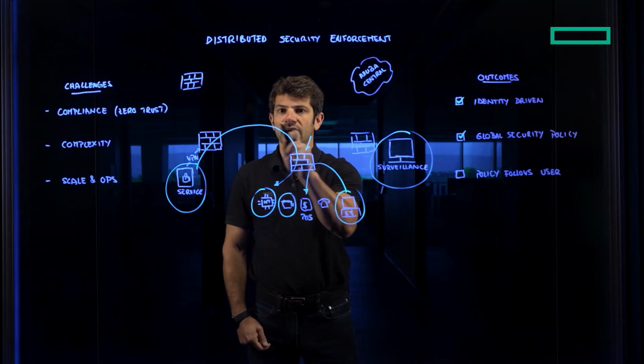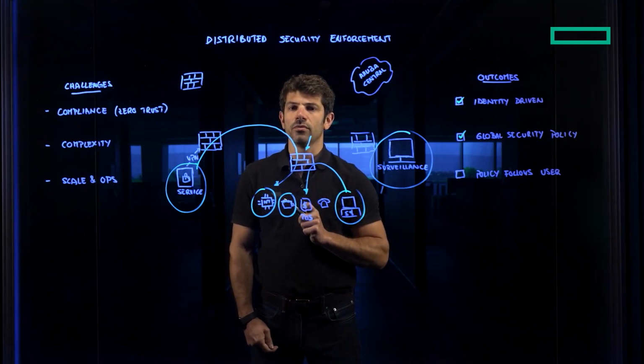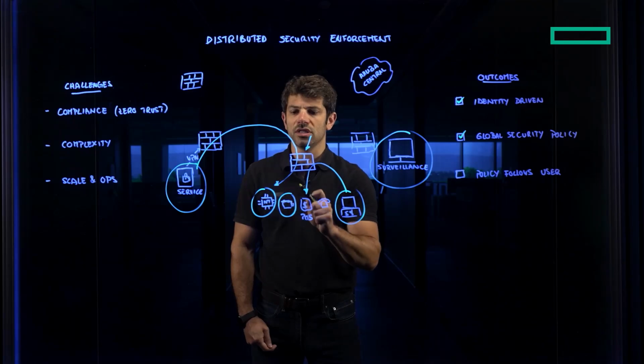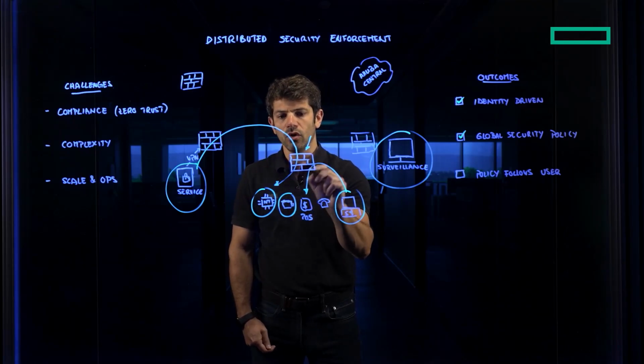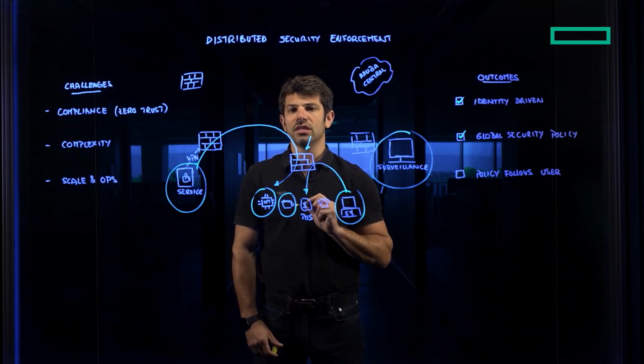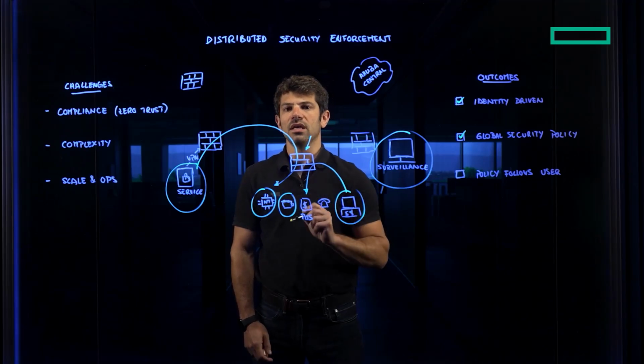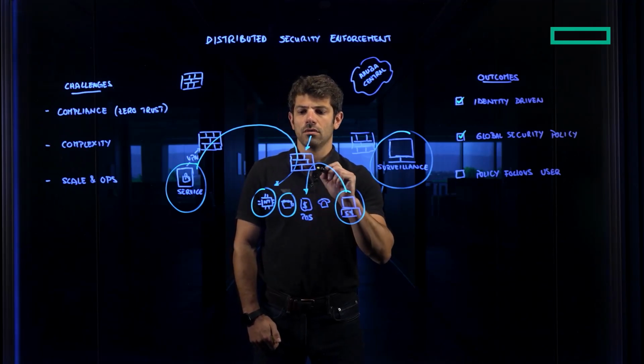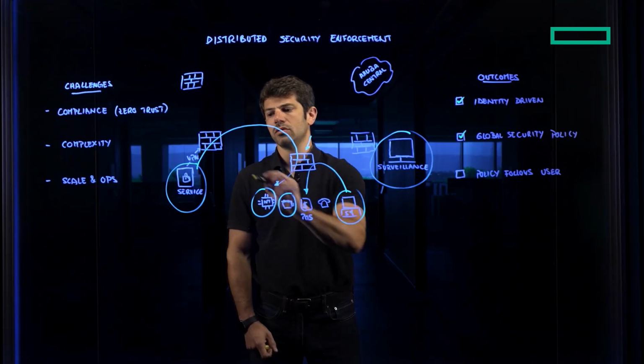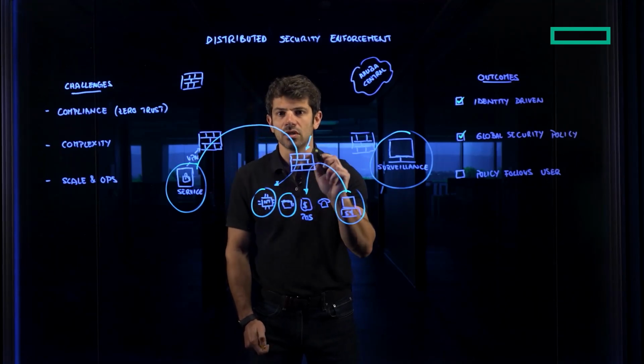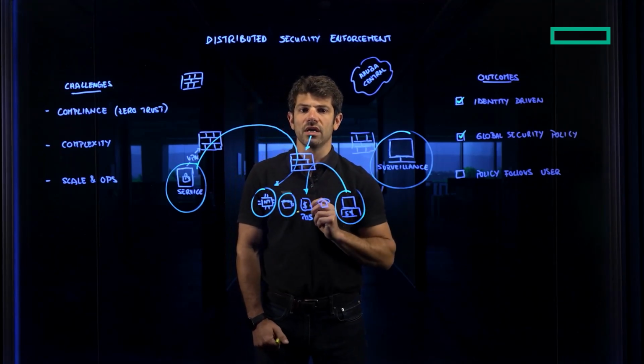We are carrying that contextual information, we're carrying that role across the network so that all the information is available here in this enforcement point, and we can make that decision based on destination, based on source, based on application, based on all the information we have at hand.